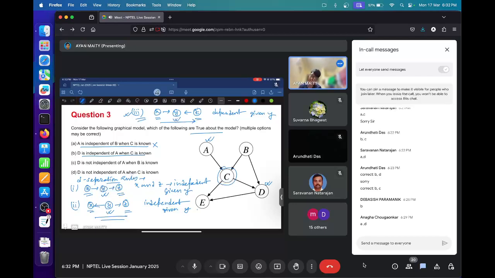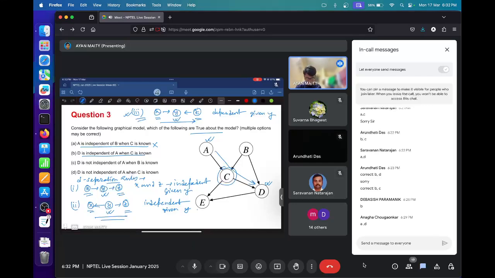There are many paths from A to D. So this is one path, this is another path, this is another path. There are three paths, you can see. We have to consider each of these paths one by one, and check whether there is a path from A to D which is not blocked.